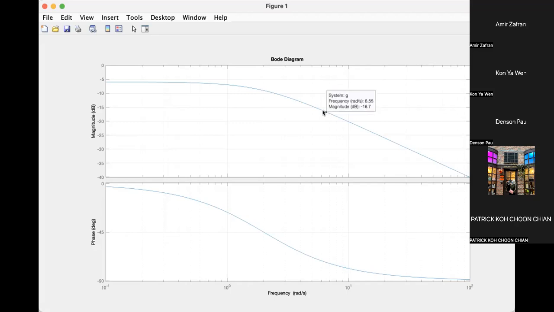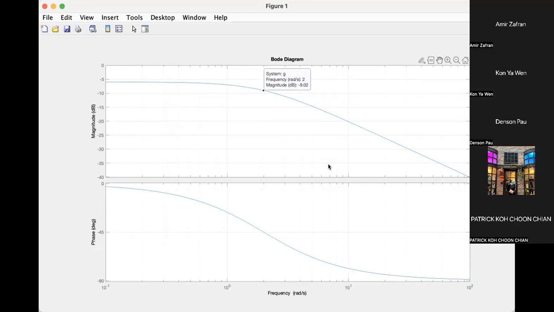The keyword is scan. Minus 2. 2.56. Negative 9.02 decibel. Okay.